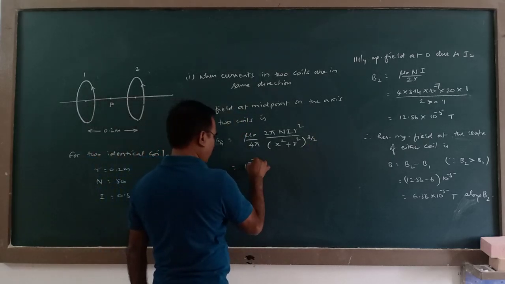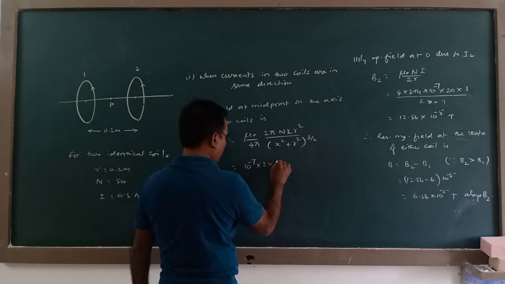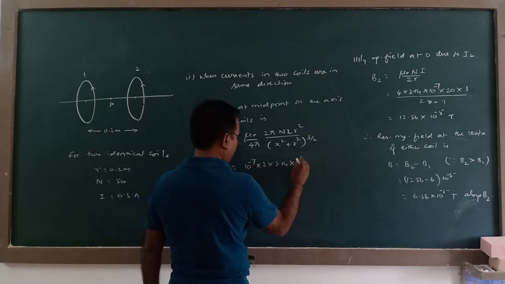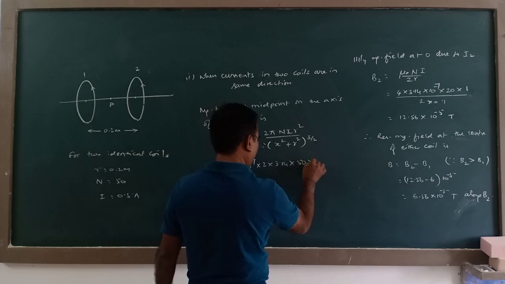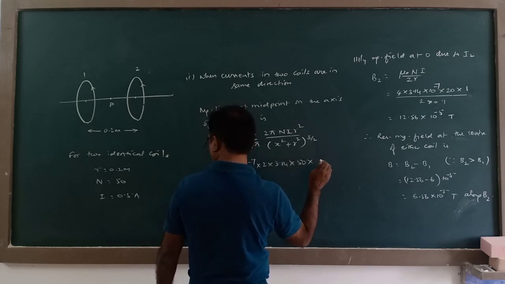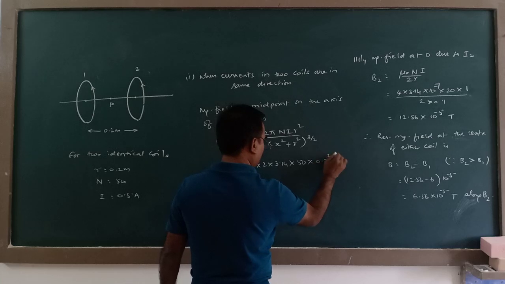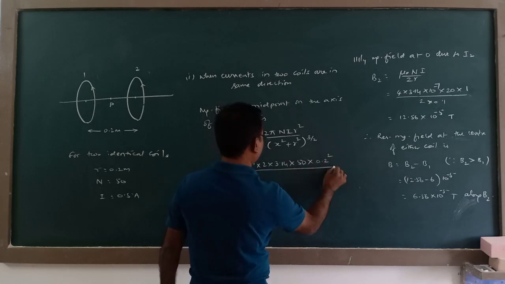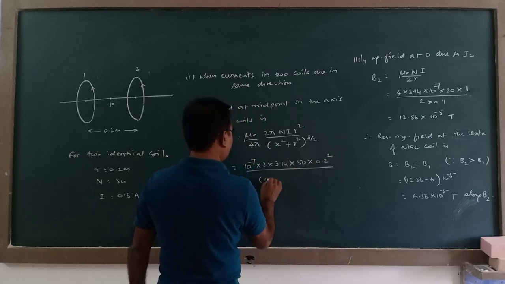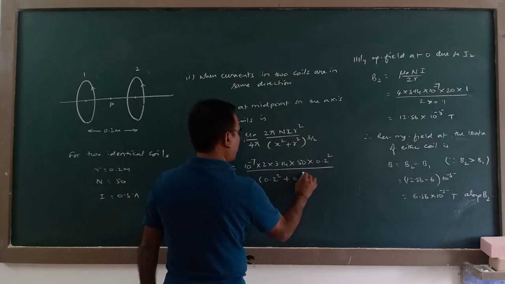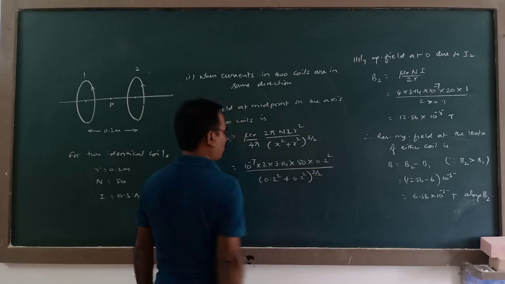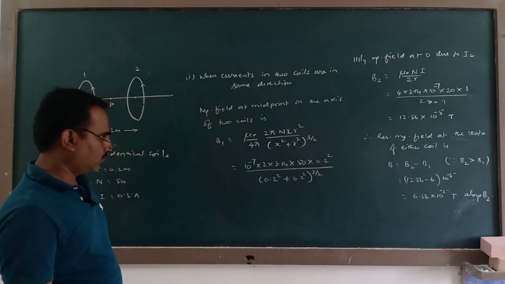So this is 10 to the power of minus 7, 2 into 3.14, number of turns are 50, radius is 0.2, so this is 0.2 square plus 0.2 square whole to the power of 3 by 2.